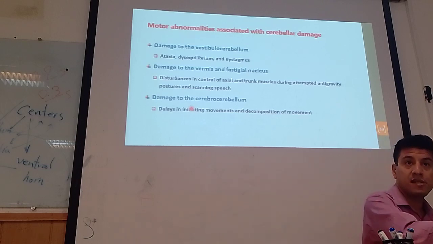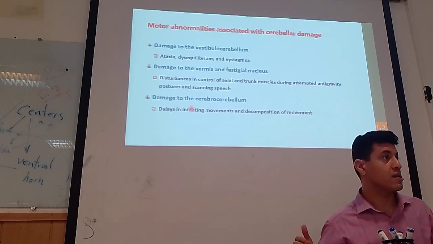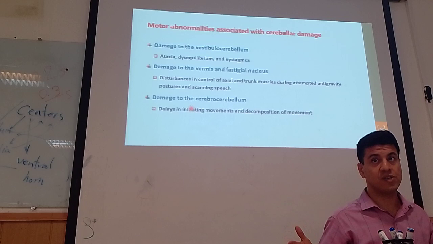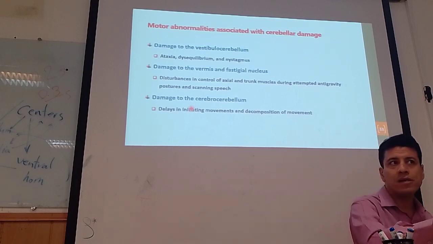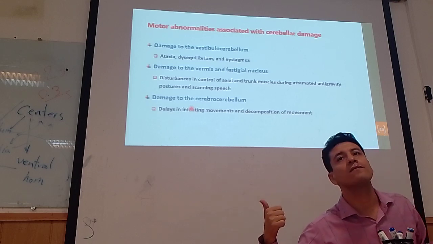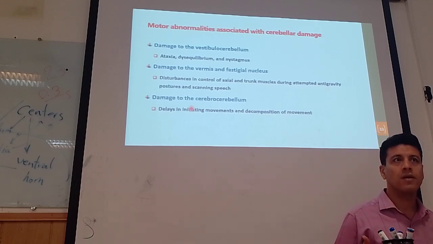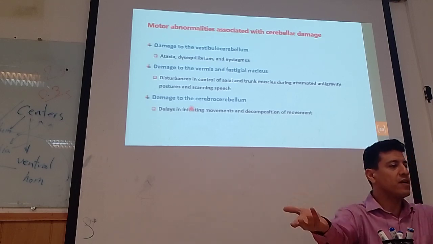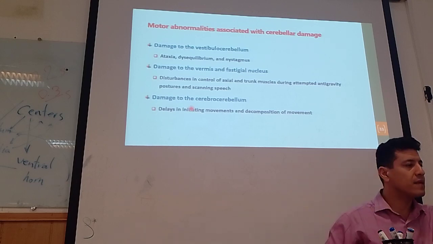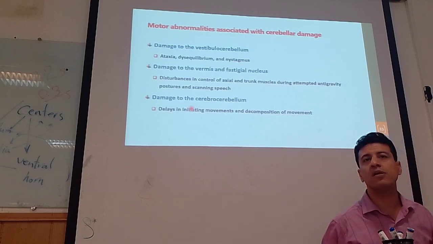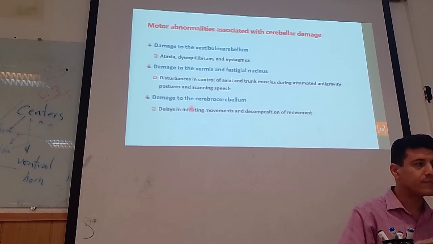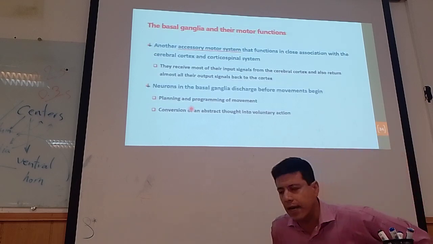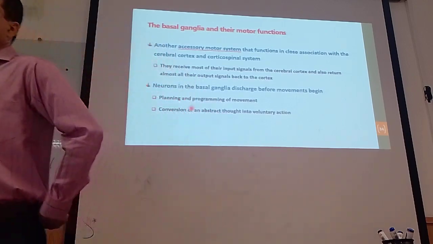When there is ataxia, loss of equilibrium and posture, there is a problem in the flocculonodular lobe. Nystagmus shows a problem in the flocculonodular lobe. Rebound phenomenon, scanning speech, and problems with posture may indicate damage in the spinocerebellum. This was about the cerebellum.